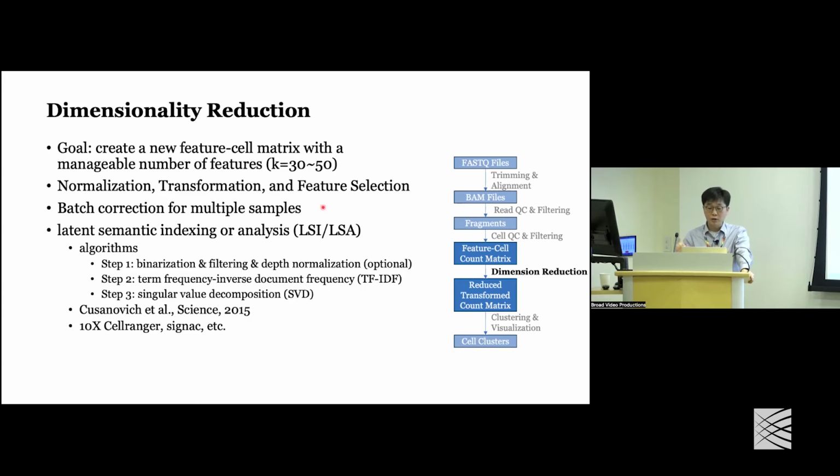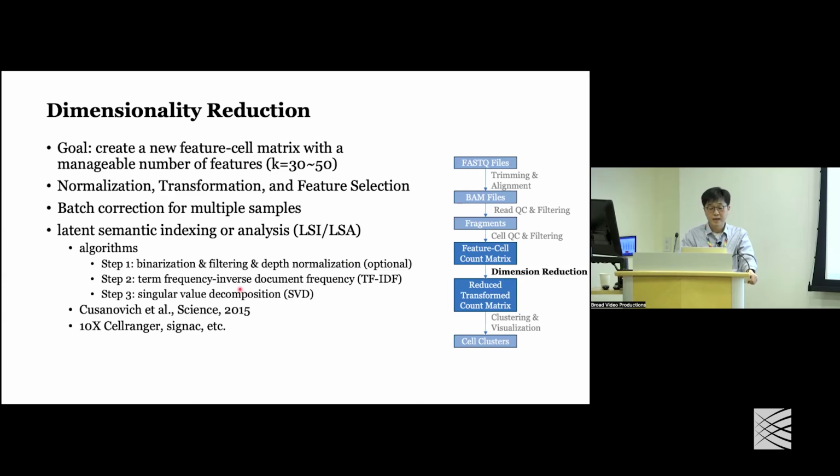For dimensionality reduction, there are many methods as well, but I will focus on one specific method, though the idea is all the same. The particular method that I'm going to describe today is latent semantic indexing, or LSI. It has three major steps. First, a simple binarization of the count matrix, then filtering out low information rows, and optionally depth normalization.